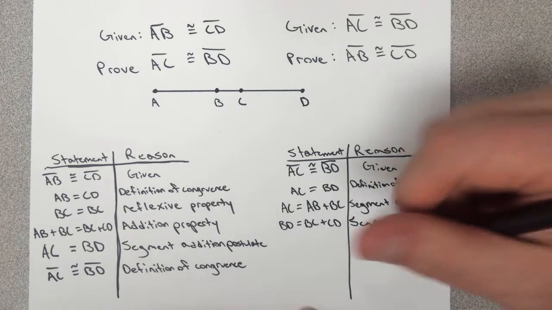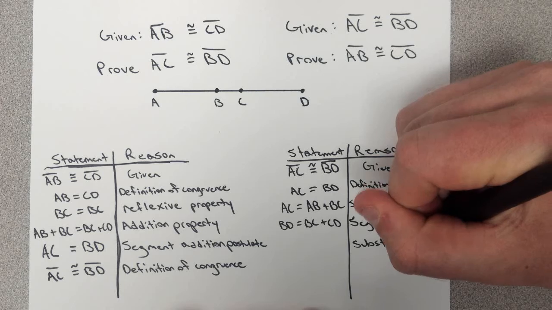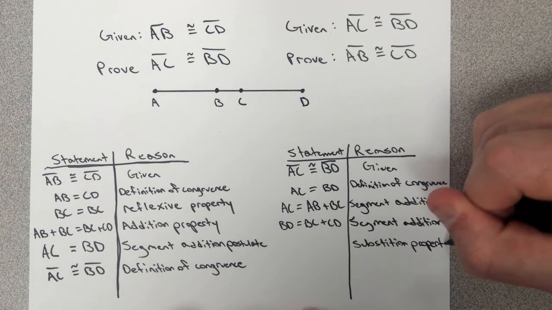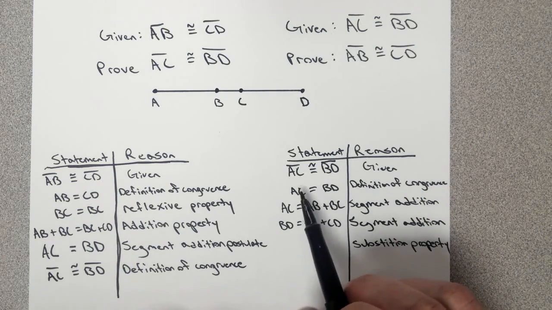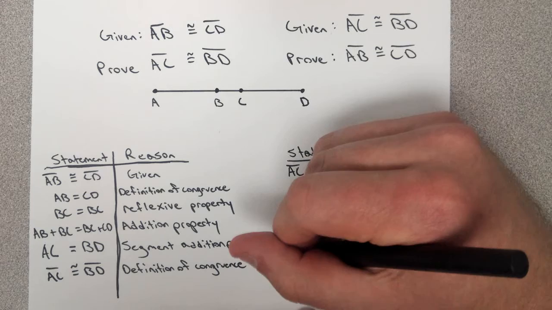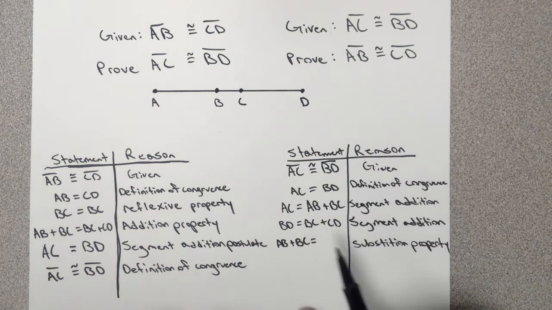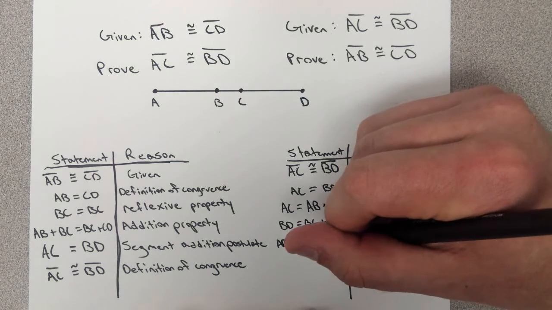Now I can use the substitution property to take these expressions that I just defined and replace them in this equation. So instead of AC, I'm going to use AB plus BC. That's equal to, instead of BD, BC plus CD.